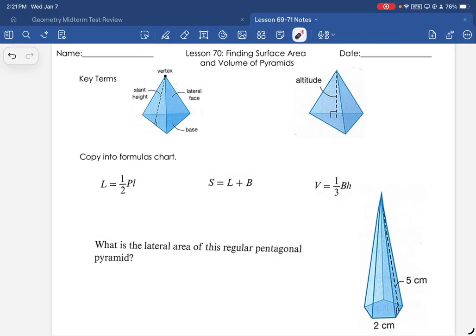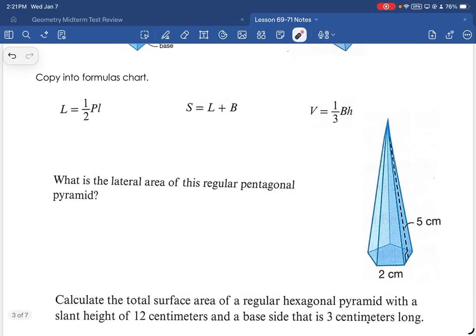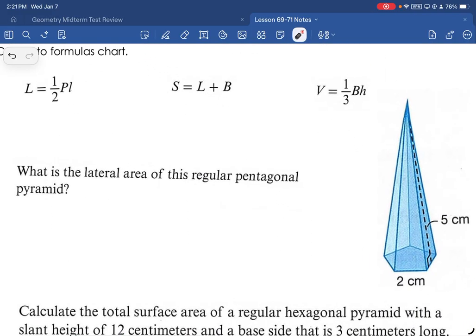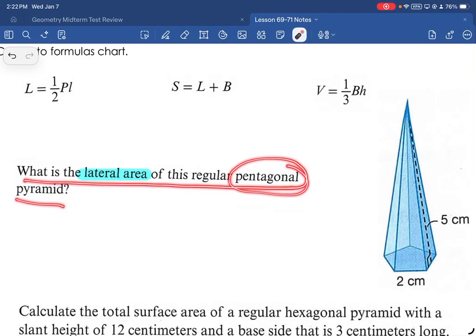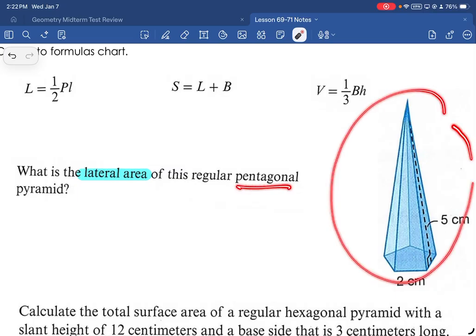All right, now let's practice working some of these. We know this is a pyramid, right? One vertex. It says, what is the lateral area of this regular pentagonal pyramid? Now, had they not given me this diagram, would y'all know what pentagon means?